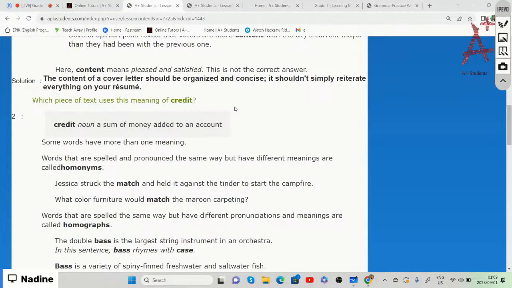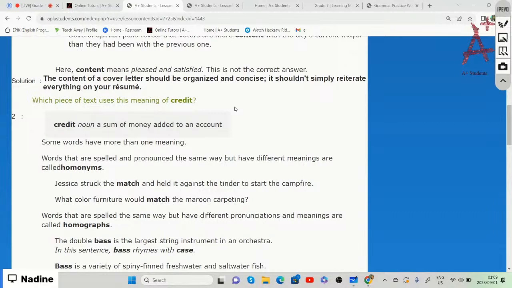So credit basically in our context would be where you borrowed money, for example, and the credit is where you still need to pay it back, right? And we said some words have more than one meaning.